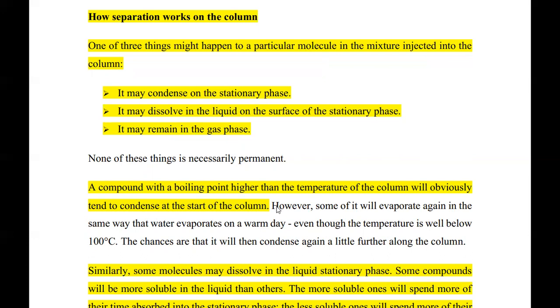Yeah, so one of the things that might happen to a particular molecule in the mixture upon being injected is that it may condense within the stationary phase. These are some of the things that you are likely to find. You inject, especially if the temperature is low, and that sample, a solid or liquid sample, doesn't vaporize. It's not going to reach the detector.